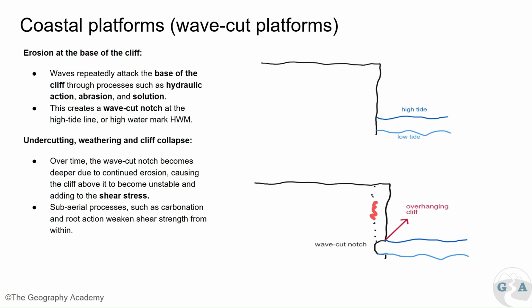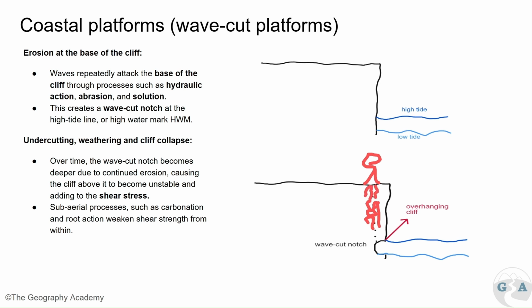So as water seeps into like chalk or limestone, it's going to dissolve with acidic rain. It's going to dissolve the calcium carbonate, for example, out of the limestone and weaken the structure within. Meanwhile, we might have a tree on top, and that tree has roots, and that may be causing root action from above.